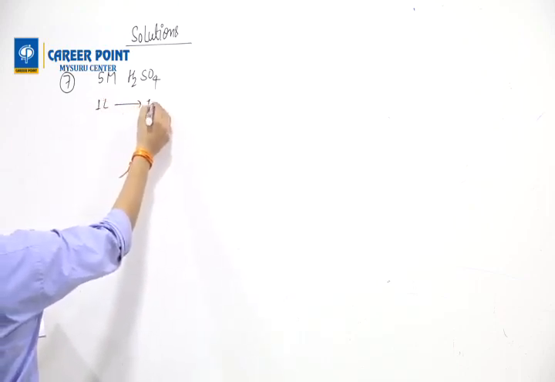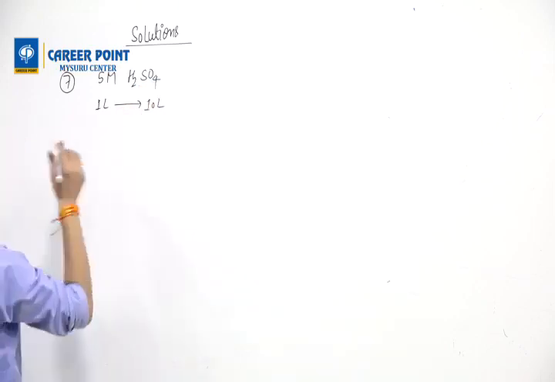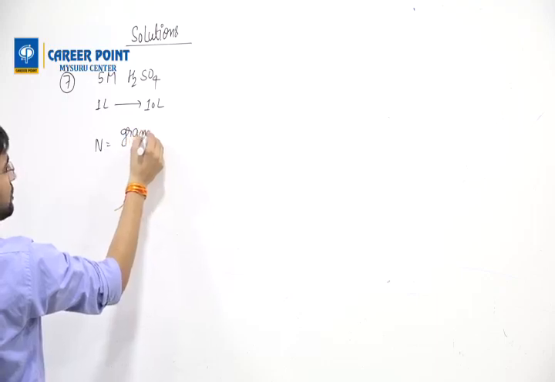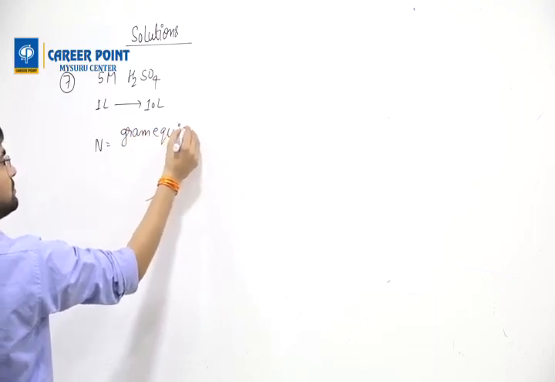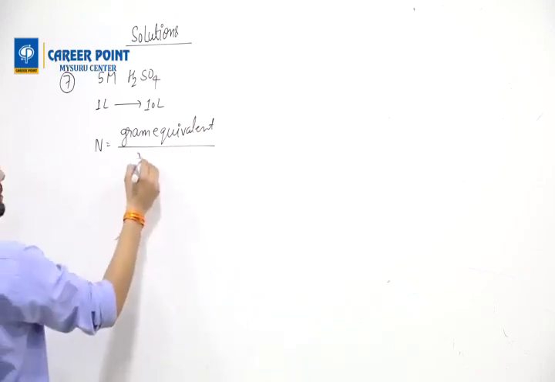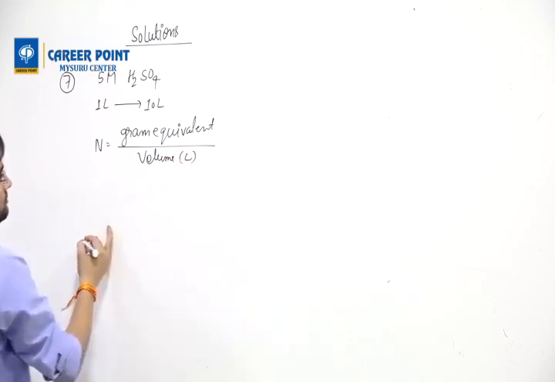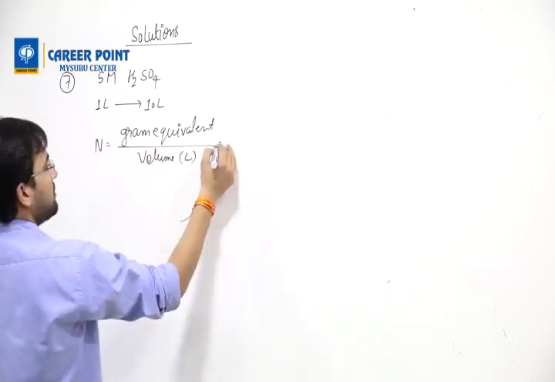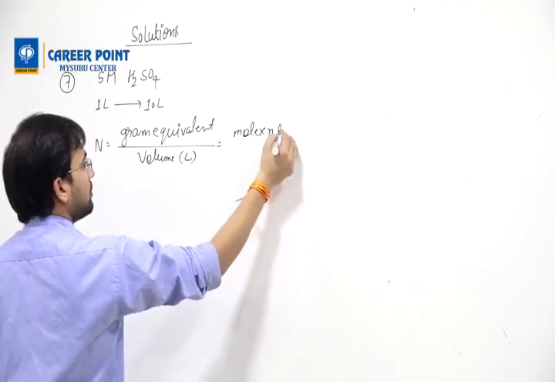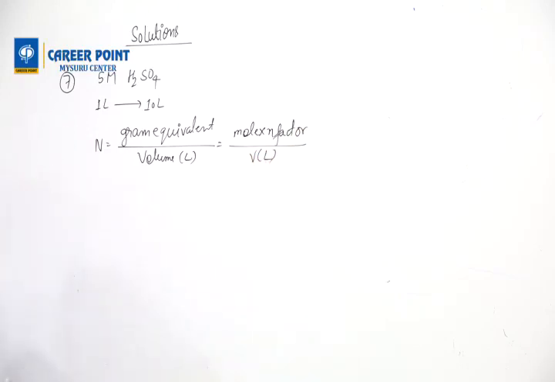The normality of this solution is, so normality equals gram equivalent divided by volume in liters. So how much gram equivalent? Gram equivalent equals moles into n factor divided by volume in liter.